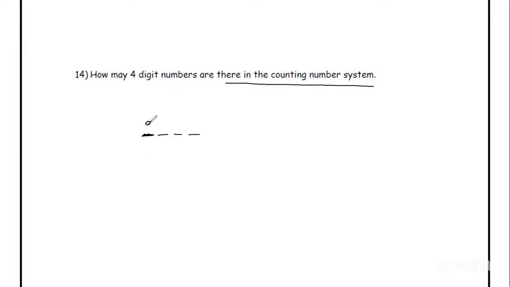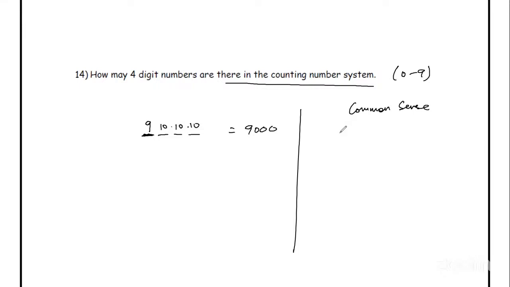So you can have 9 options here, 1 to 9, because the digits are anyway 0 to 9. The first digit cannot be 0. So there are 9 options here, but there are 10, 10, and 10 options for each of the remaining. So there are 9,000 4-digit numbers, and you can do it using common sense as well. If you know your counting system, the first 4-digit number is 1,000, and the last 4-digit number is 9,999.